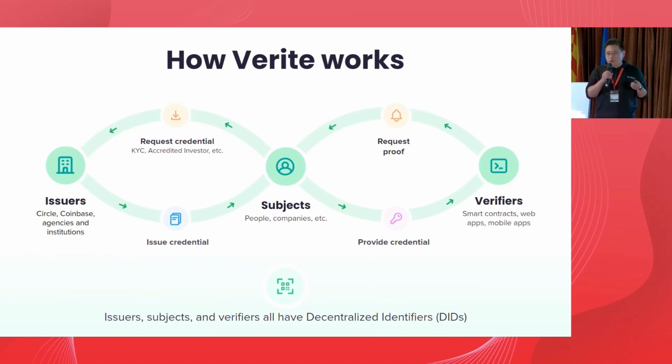And the DApp also gets to decide which verifier they trust. So anybody can be an issuer, anybody can be a verifier, but the application developers decide which issuer and which verifier they trust.